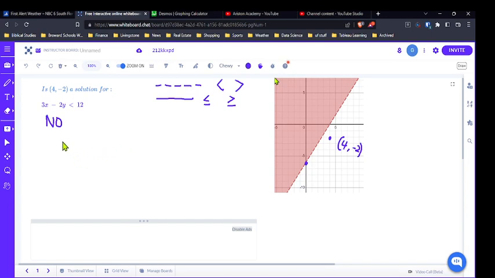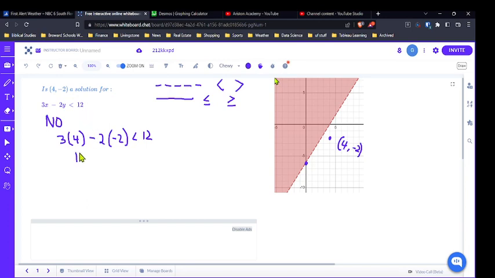Now, let's go ahead and prove it by evaluating. So I'm going to put my point in: 3 times x. Okay, x is 4, correct? All right, and then minus 2y, so that's 2 times, well, y is -2, okay, and all of that is less than 12 according to the inequality.